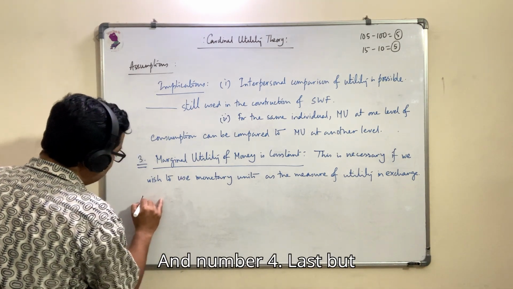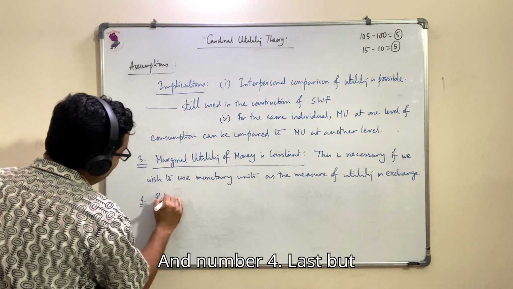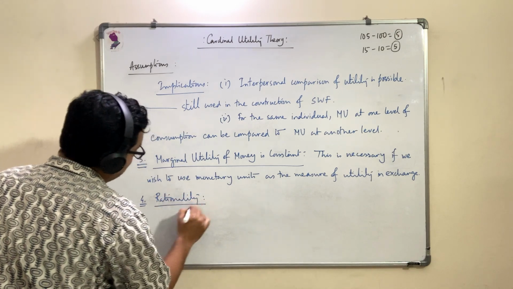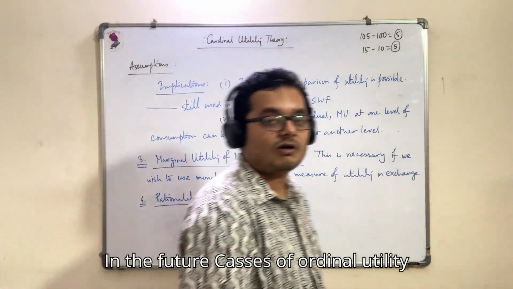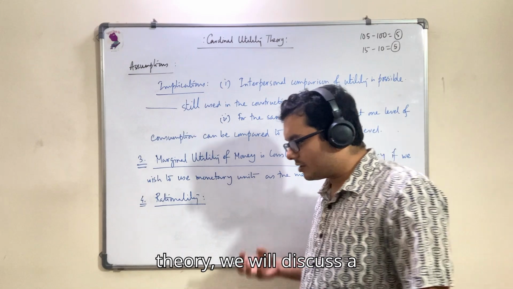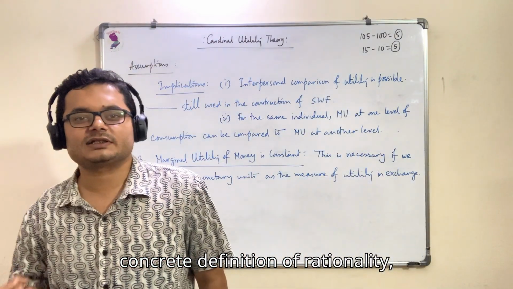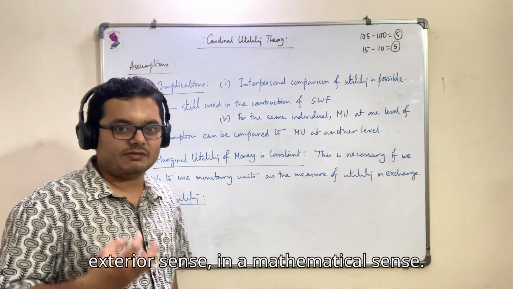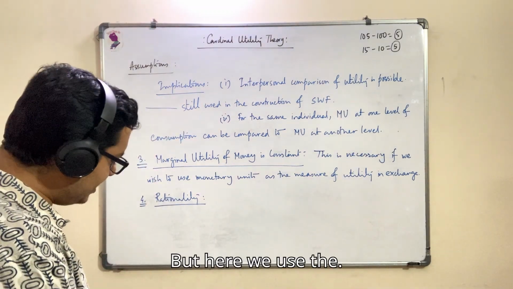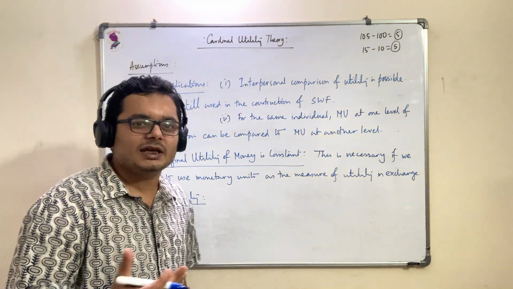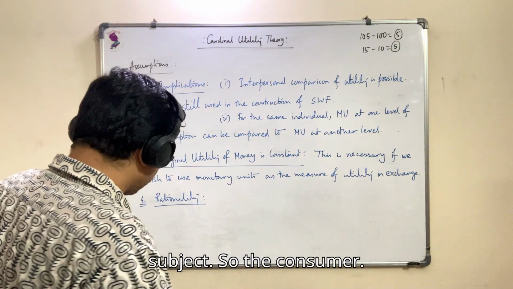And number 4, last but not the least, rationality. In the future classes of ordinal utility theory, we will discuss a concrete definition of rationality, what it means to be rational in an algebraic sense, in a mathematical sense. But here we use the everyday meaning that we have in our subject.